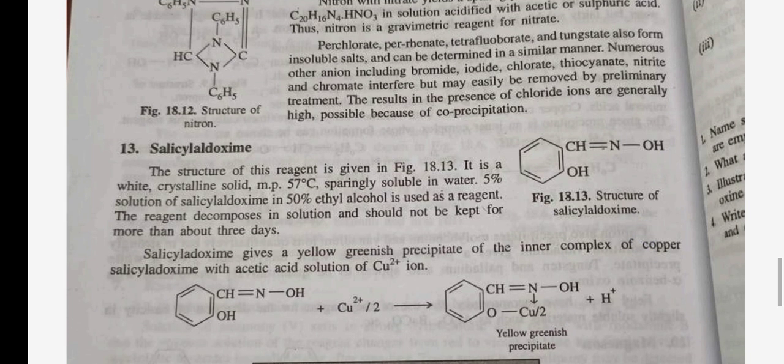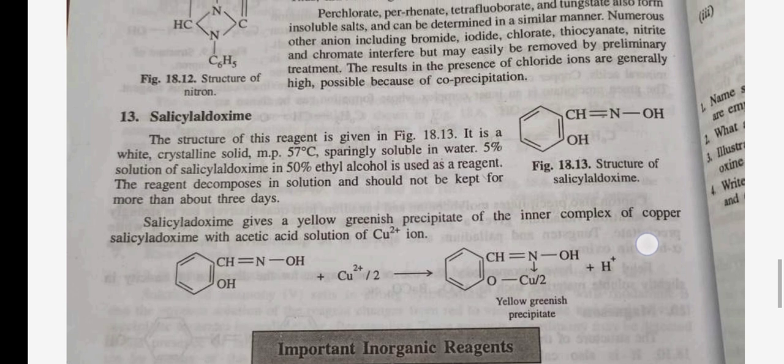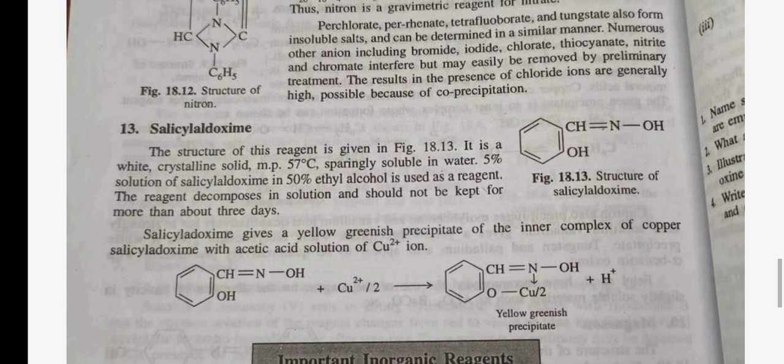Next one is salicylaldoxime. The structure of this reagent is given in the figure. It is a white crystalline solid, melting point 57 degrees Celsius, sparingly soluble in water. A 5% solution of salicylaldoxime in 50% ethyl alcohol is used as a reagent.